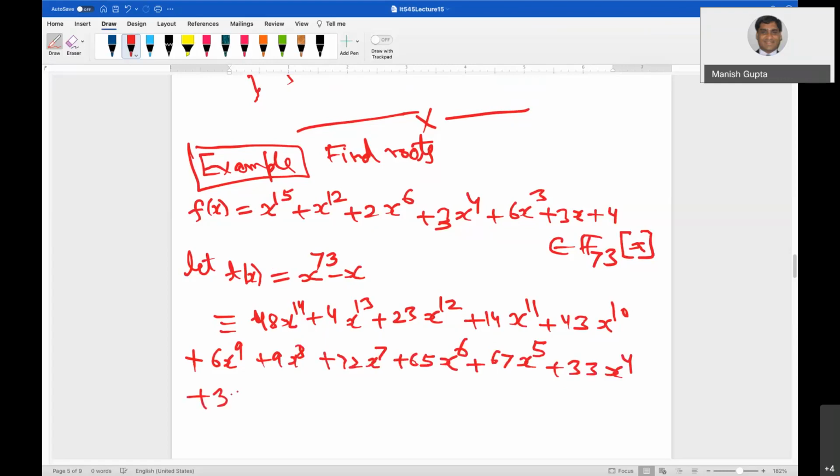It's quite heavy, big, but x cube plus 24 times x squared plus 30.